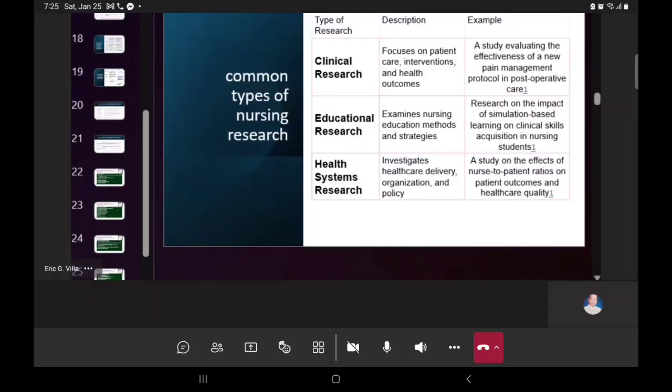The findings from such research can inform healthcare policies and practices, potentially leading to improvements in overall healthcare delivery. These different types of nursing research complement each other, collectively contributing to the advancement of nursing as a profession and science.